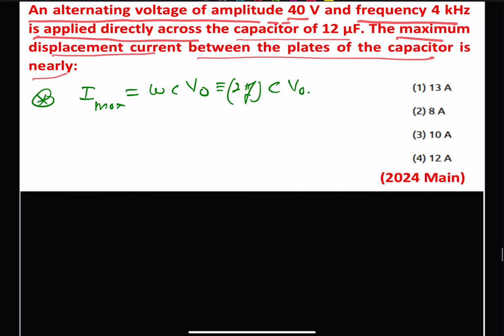We substitute the values, we get this as 2 pi, frequency is given to us as 4 into 10 to the power 3, capacitor is given to us as 12 into 10 to the power minus 6, and V naught is given to us as 40.